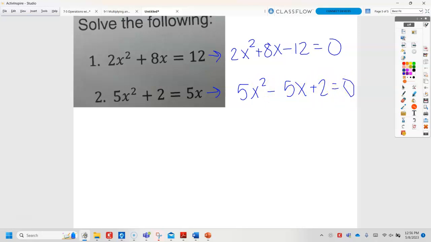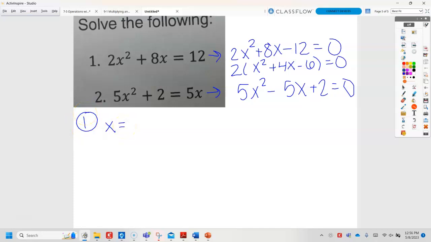In number 1, you could simplify that and take out a 2 because everything is divisible by 2. And we get 6. Factors of 6 are 2 and 3 and 1 and 6, none of which get you to 4. So in number 1, we are going to have to use the quadratic formula.